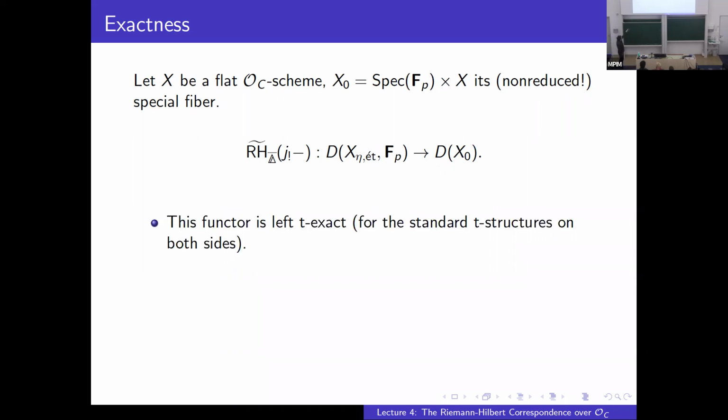Well, first statement is that it's left t-exact if I give both these categories their standard t-structure. And the proof of that is something which is essentially formal, right? So left exact is saying something like it takes co-connective objects to co-connective objects.